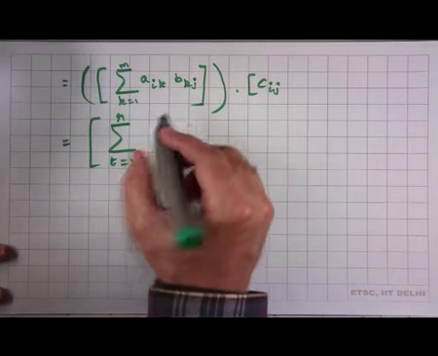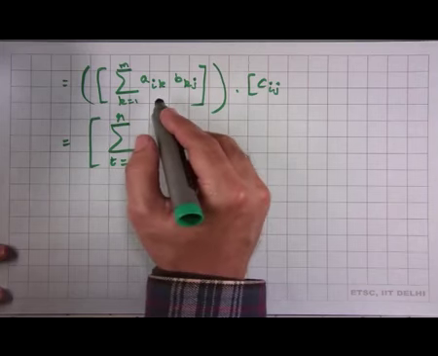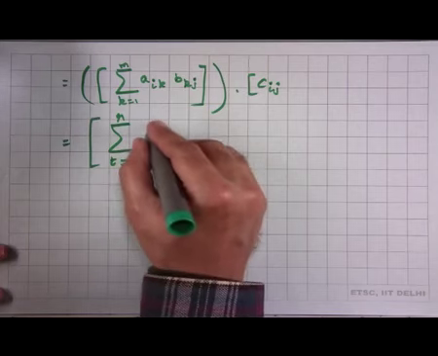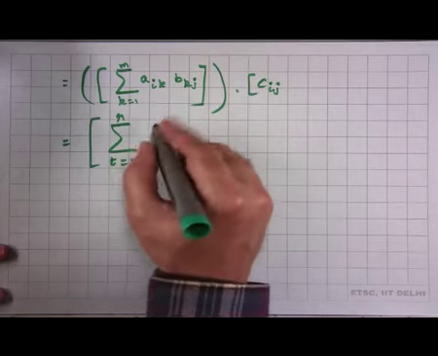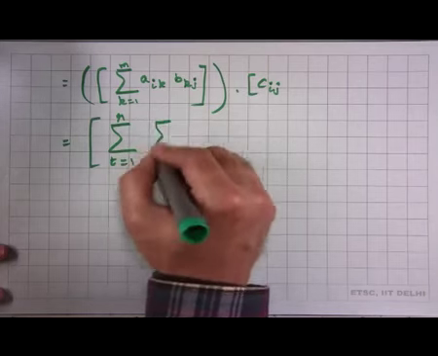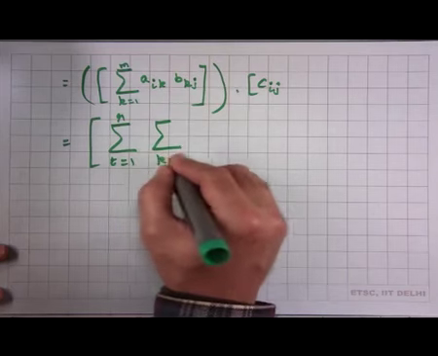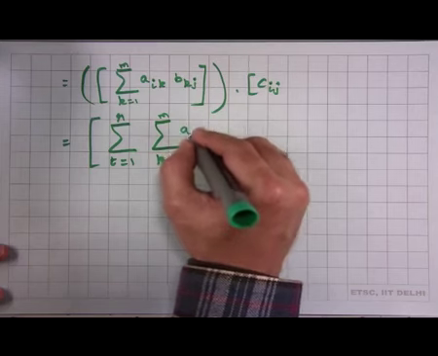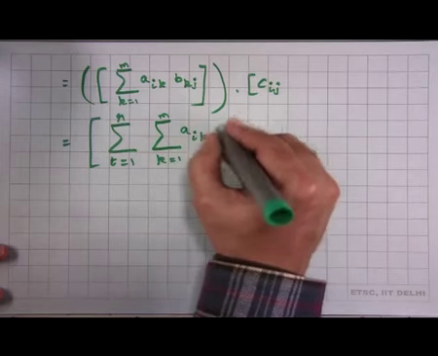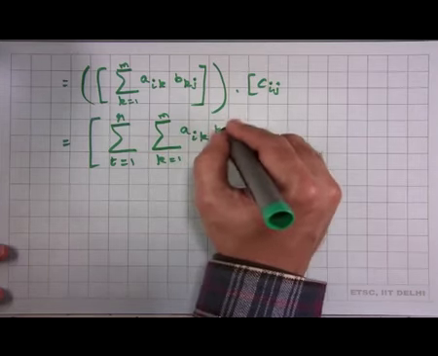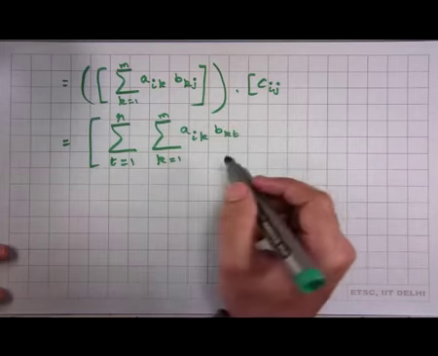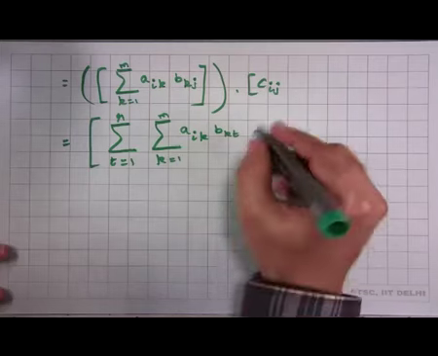I need the ith element. So, summation t running from 1 to r. The ith element is summation k running from 1 to m, a_ik b_kt.